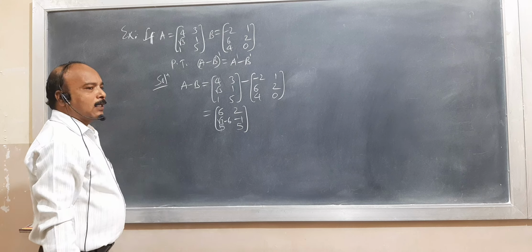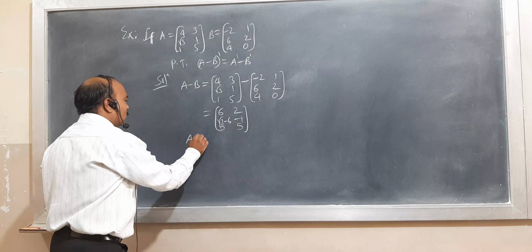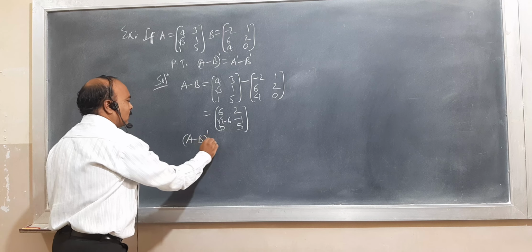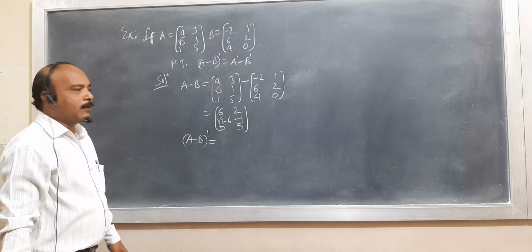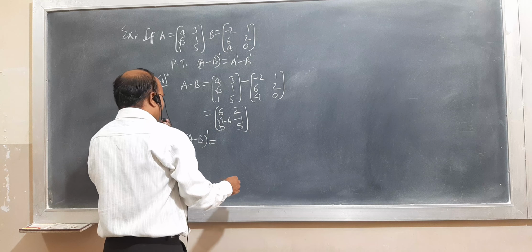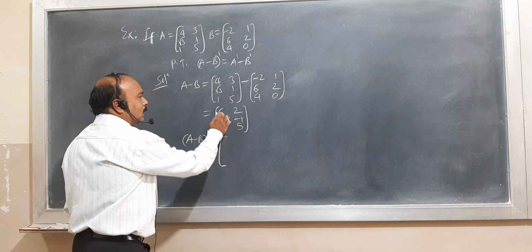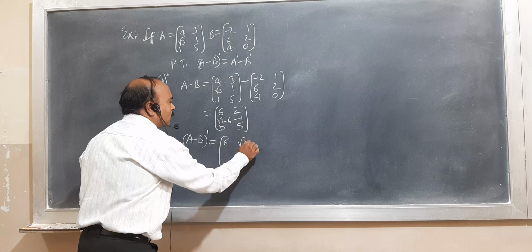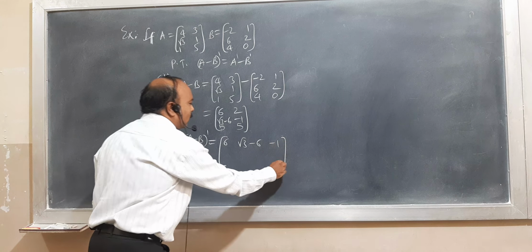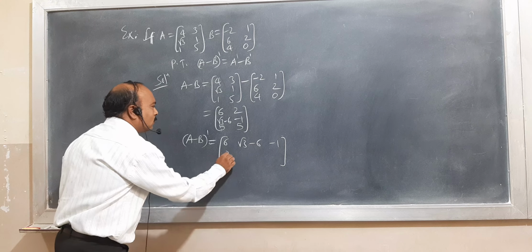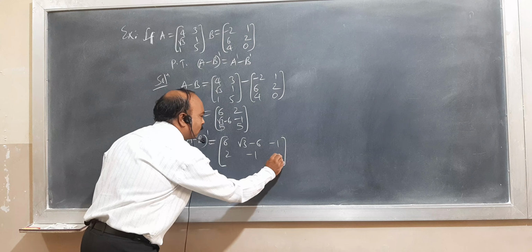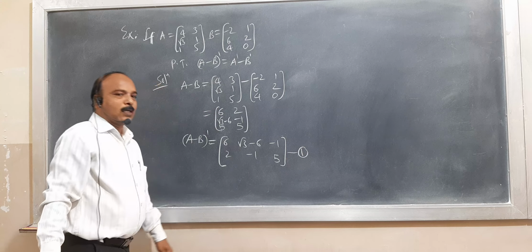Now it is A minus B, then you go for (A minus B) dash, that is transpose of A minus B, that is given by, it is 6, root 3 minus 6, minus 1, second row 2, minus 1, 5. Call this as 1.